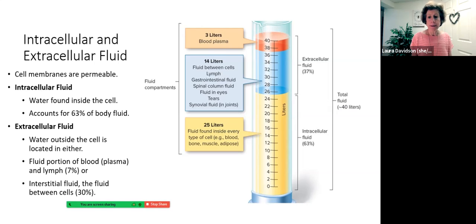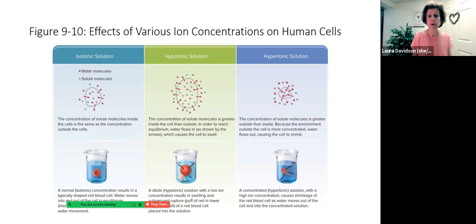So what we're talking about here is that the fluid in the body is in different spaces, and that's important to understand because at times, and sometimes involving these electrolytes, fluid moves from one space to another. And you can see here that the solute concentration is important in the movement of the fluid.